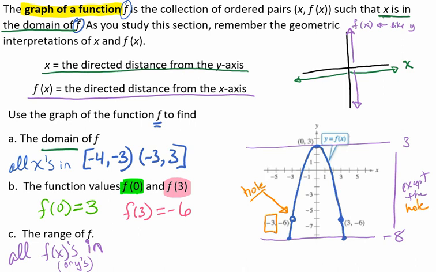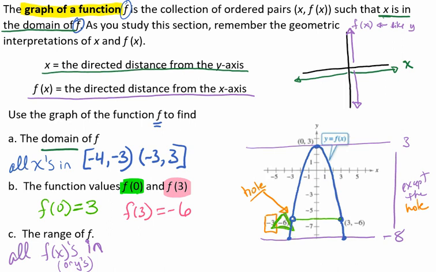But this time, instead of focusing on the -3, because we're dealing with the y's, we're going to focus on that -6. So we're going to have a closed interval, and we're going to look at our hole because I want you to see something. Yes, we have a hole, and that right here, that's a -6 where the hole is at.